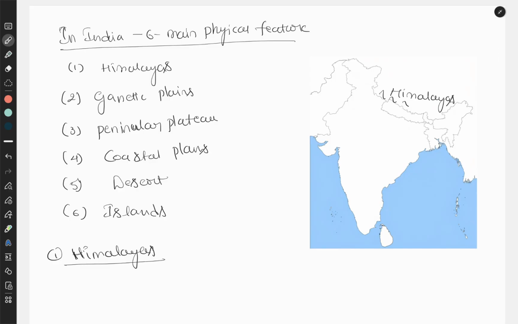The Indo-Gangetic plains are mainly the Indus plains and the North Indian plains. The Indus plain means the Indus river, and it will come like this. This is the Indo-Gangetic plain, the Gangetic plain.